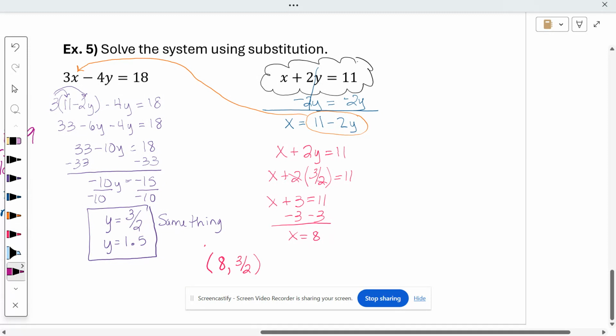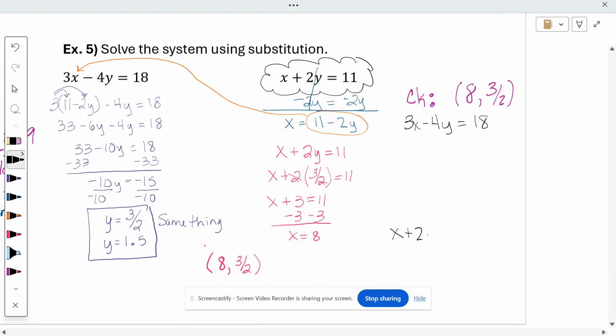Now, I want to check this. So I'm using the solution 8, comma, 3 halves, and I need to substitute those values into both equations. My first equation, 3x minus 4y equals 18, and my second equation, x plus 2y equals 11.